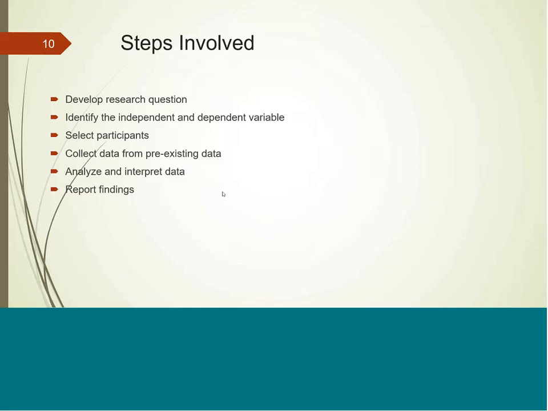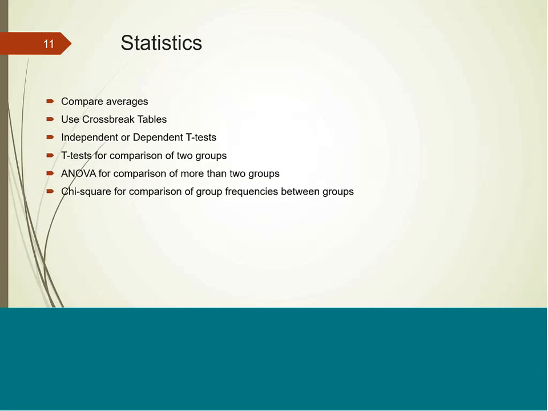Next slide, please. So some things that you look at, you're comparing the averages. A lot of times you construct the frequency polygons to begin with. You use cross-break tables. You look at the means and standard deviations between the independent and dependent variables. The t-test looks at the differences between means to determine whether the means of the two groups are statistically different from each other.